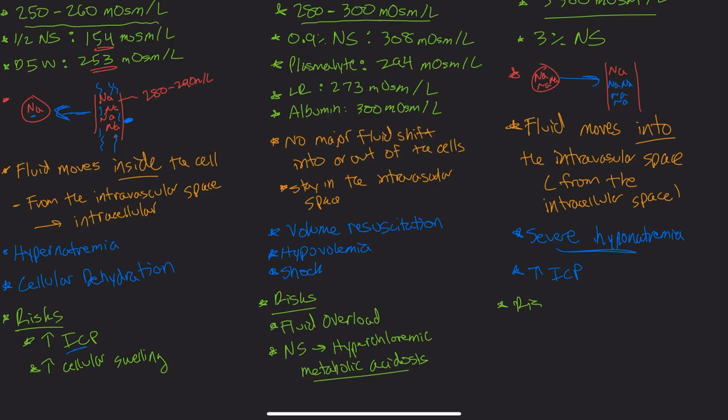Major risk here, the big one, the one that's commonly tested on, you get some neuro effects here, but the main one would be osmotic demyelination syndrome. That's if it's corrected too fast. So with severe hyponatremia, you want to correct this slowly.